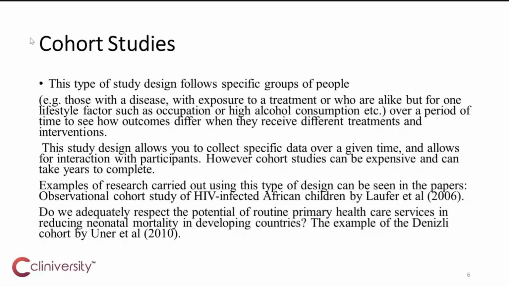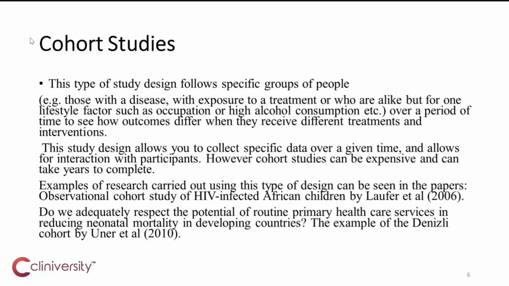In 2010, there was another study on how routine primary healthcare services contribute to reducing mortality in infants in developing countries. The common motto there was focusing completely on primary healthcare services in developing countries, and only on infants, and how those services reduce mortality.